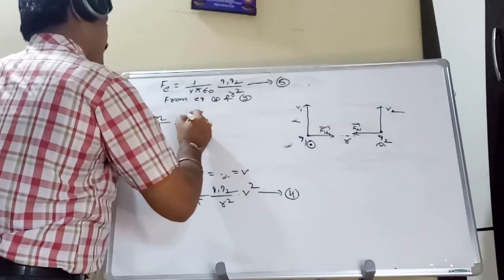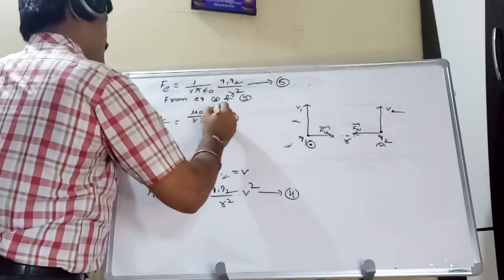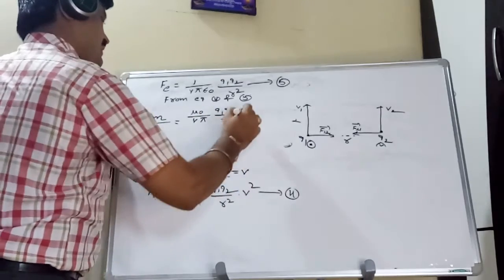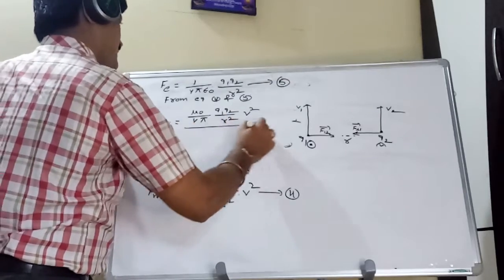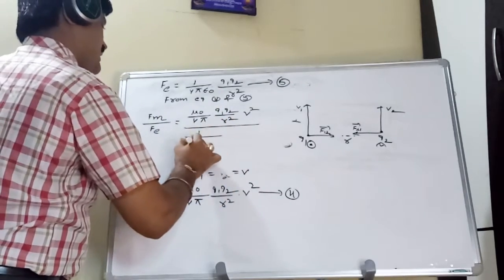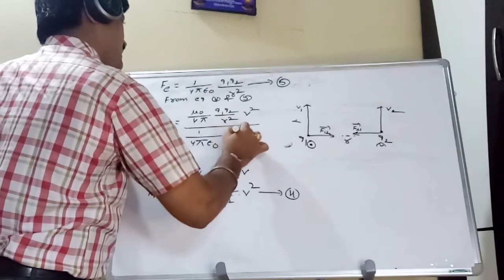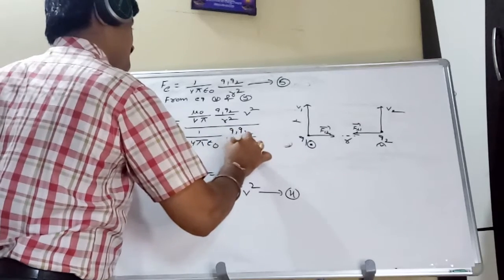So Fm by Fe equals mu naught by 4 pi, Q1 Q2 by R square, into V square, divided by 1 by 4 pi epsilon, Q1 Q2 by R square.